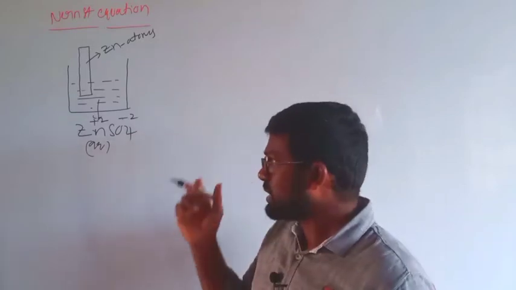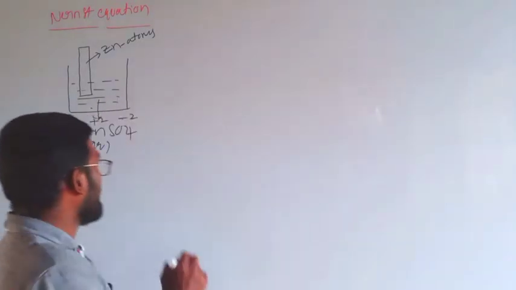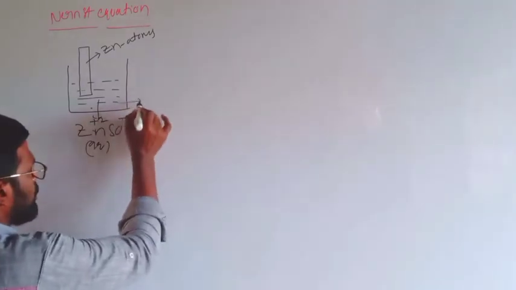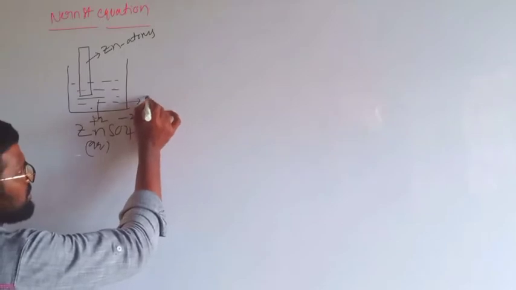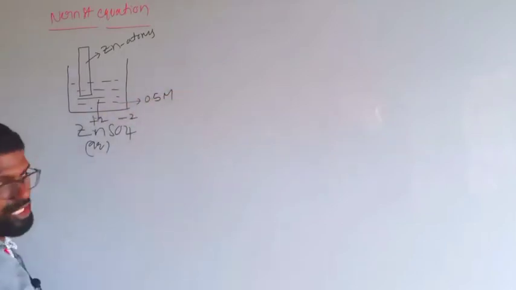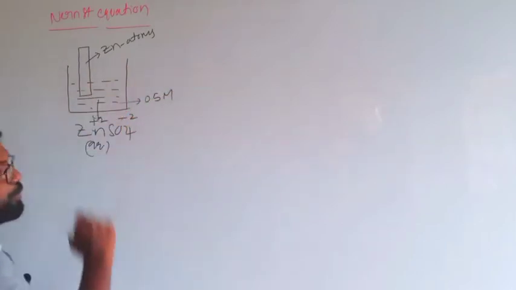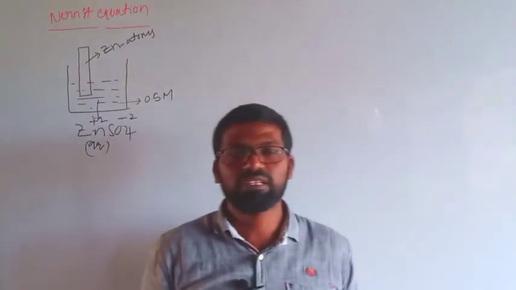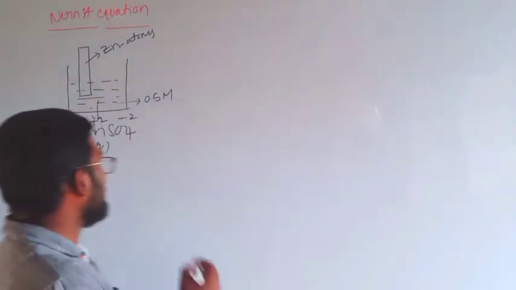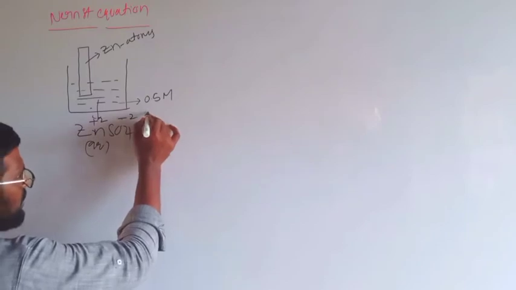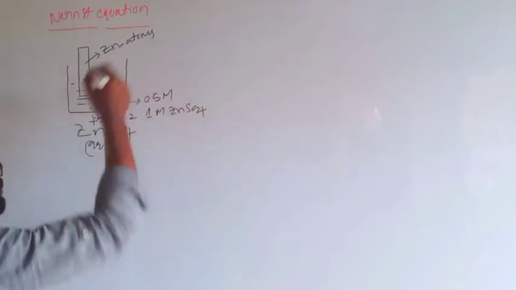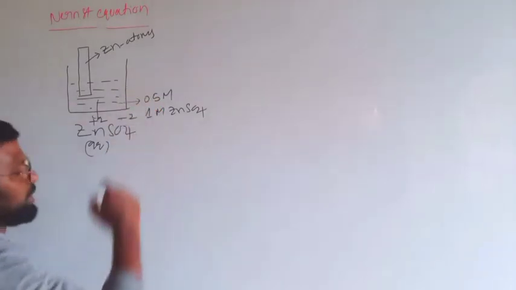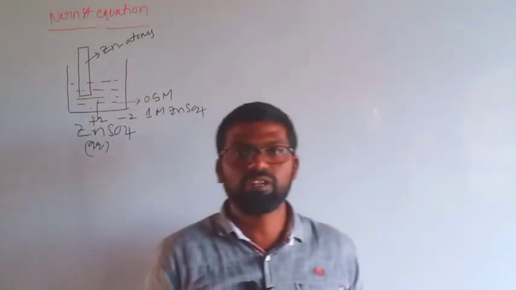Now, practically it was observed that when the concentration of the electrolytic solution changes, for example if the concentration is 0.5 M ZnSO4 solution, then the electrode potential of zinc is different. When we take some other concentration like 1 M ZnSO4 solution, then the electrode potential of the zinc metal rod will be different.